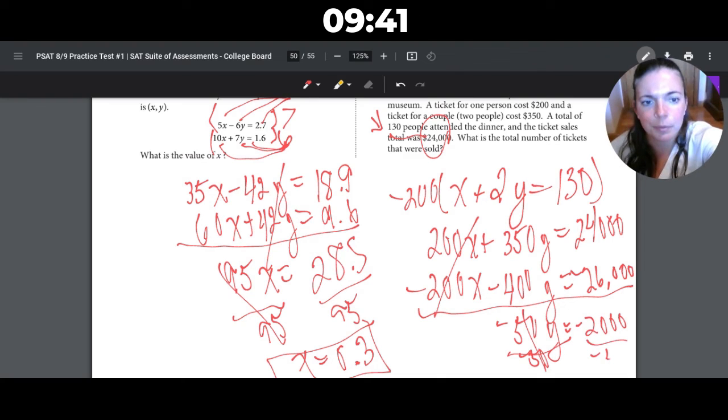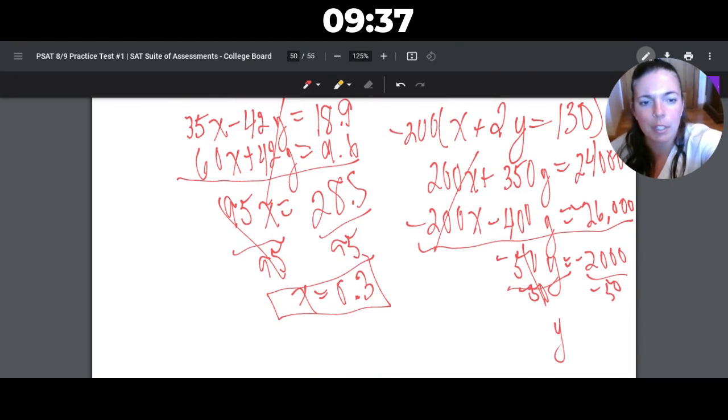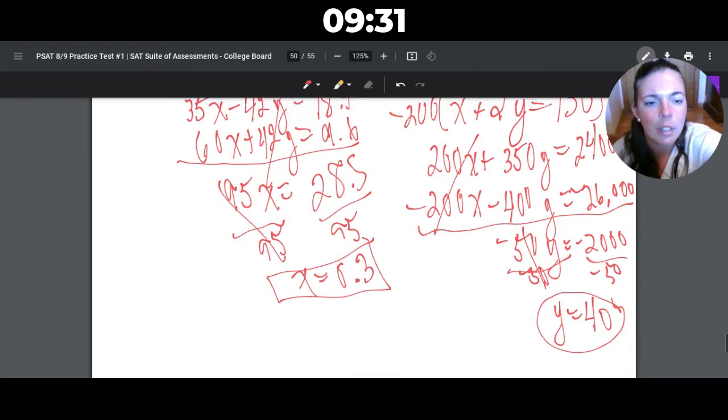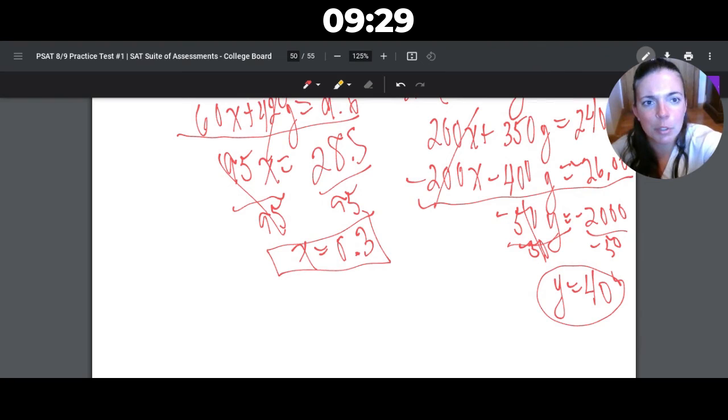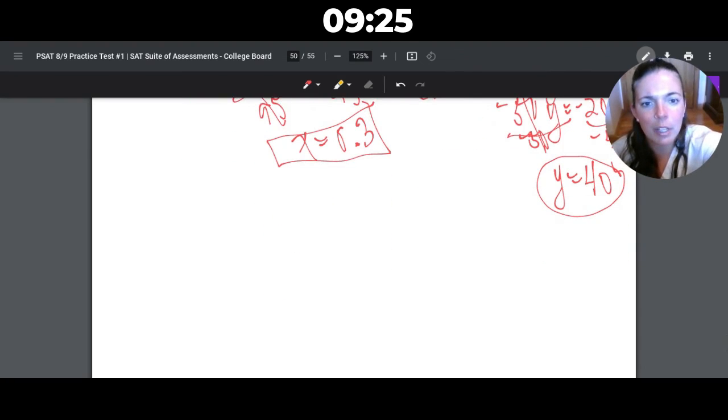When I divide by negative 50, I will get y equals 40. So y, which is the couple's tickets, there were 40 of those sold. So now x plus 2y, remember we said that equals 130.